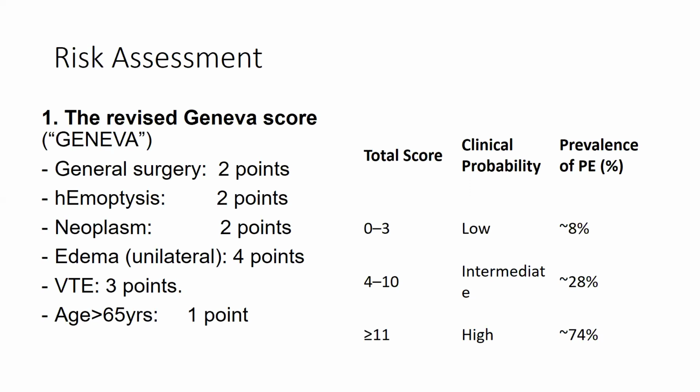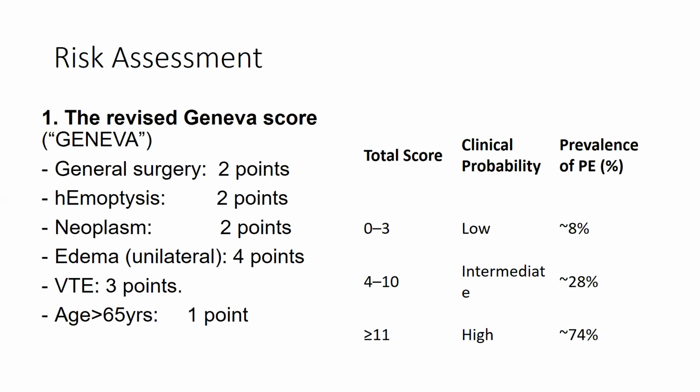All right, the interpretation: when your score is between 0 to 3, there's a low clinical probability of PE. So if the patient presents with signs and symptoms of PE and you do a Geneva scoring and it's between 0 to 3, the probability is very low, with approximately 8% prevalence of PE. Between 4 to 10, intermediate probability with 28% prevalence.